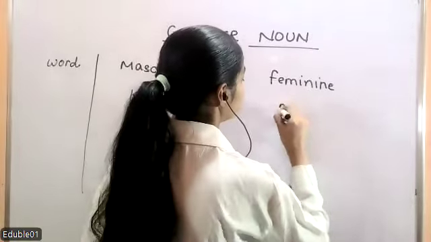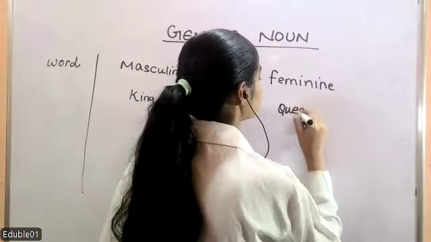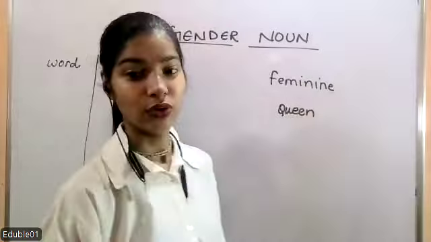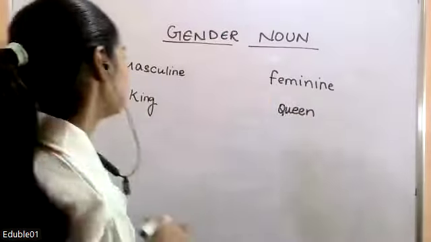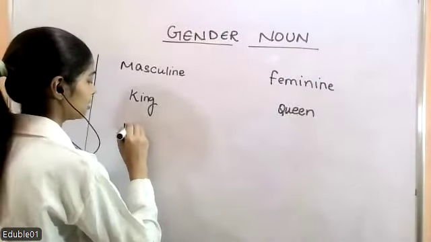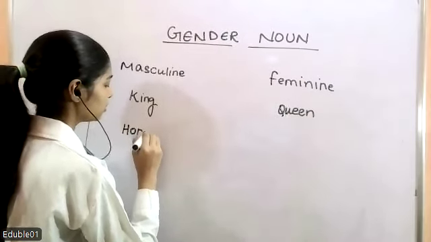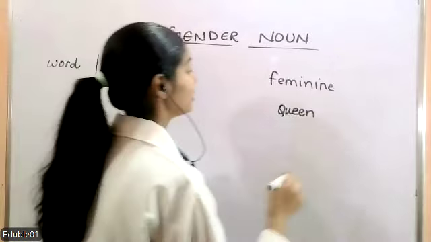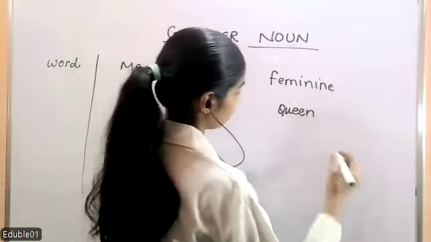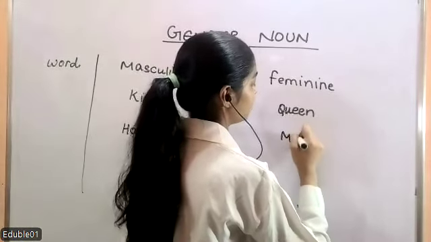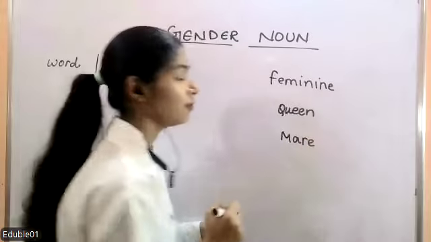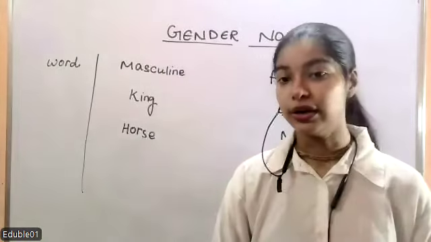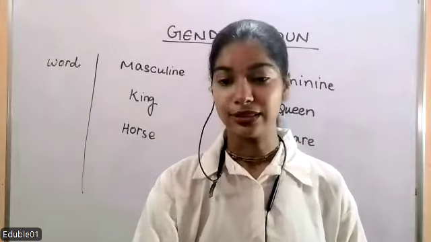So queen is a feminine noun. Now let's think of one more. Let's say horse. Horse is a masculine noun, but if we are talking about mare, mare is the feminine noun for the word horse.